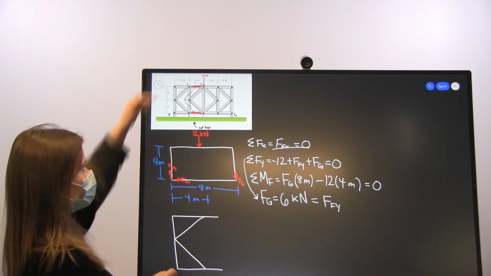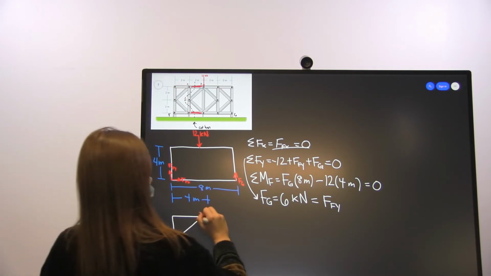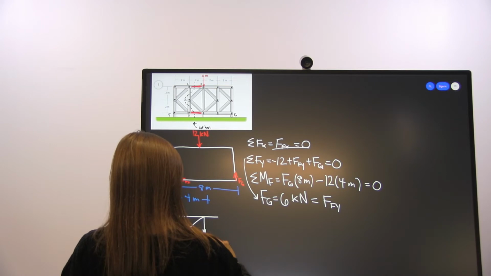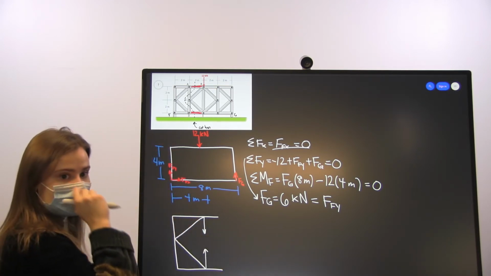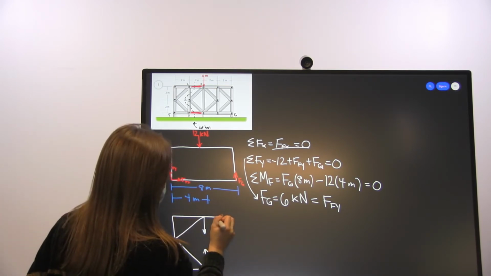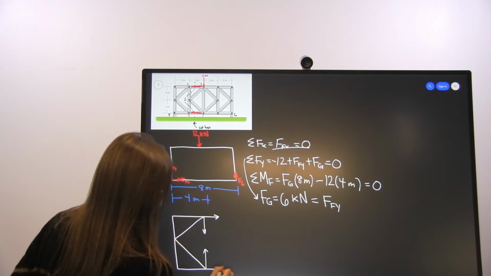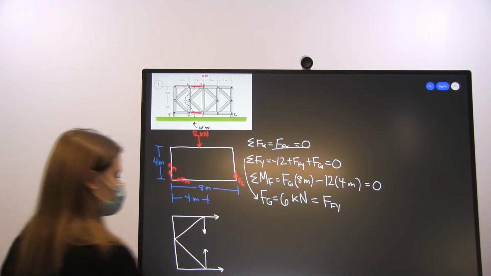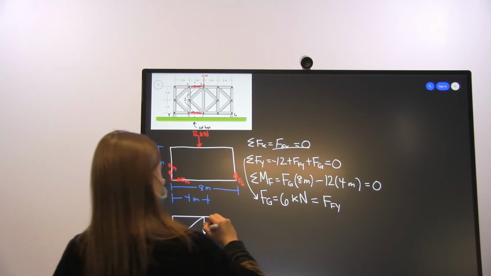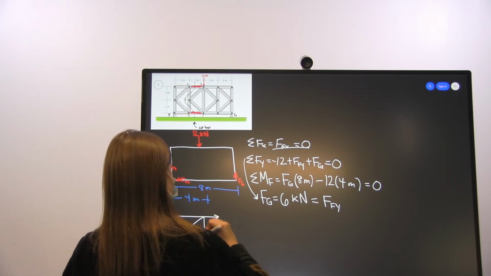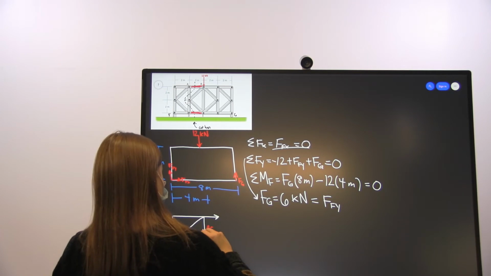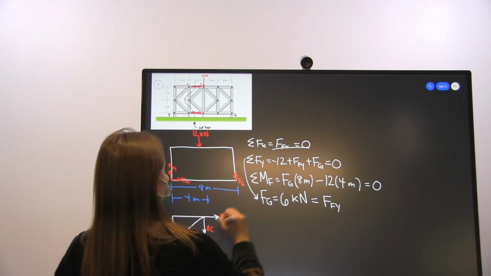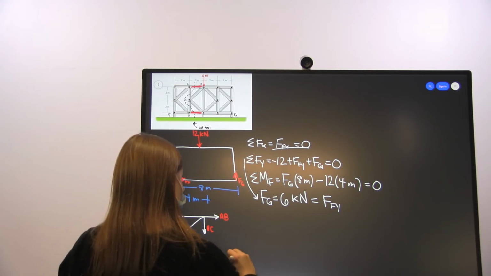And then we have the force of AC here like this, DC here like that, and then we're going to have forces acting in members AB and DE. And we can label these. This will be AC, this will be DC, this will be AB, and this will be DE.